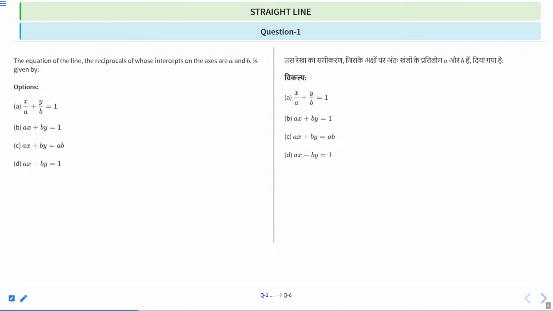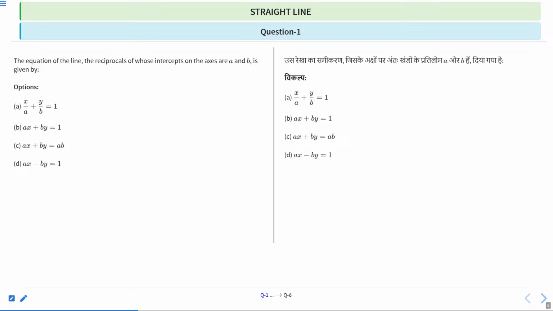See what is given. We know the equation of a straight line in intercept form, right? If any straight line is making an intercept, suppose a with x-axis and b with y-axis, then the equation of line can be written as x by a plus y by b is equal to 1. But here it is given that the reciprocals of whose intercepts on the axes are a and b, right?